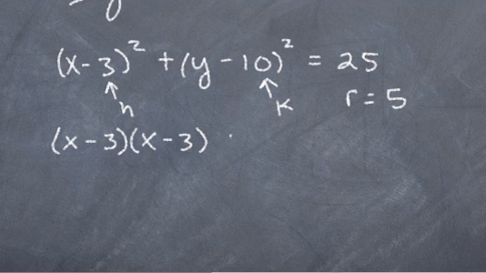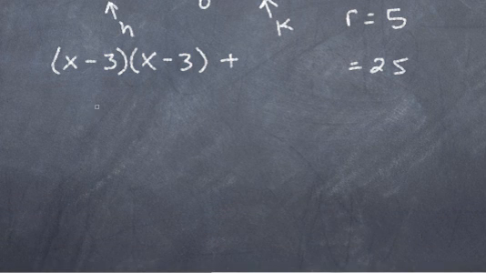So you might want to work on that, and you do the same thing with the y minus 10. I'm going to let you work that out and see if you can get this.